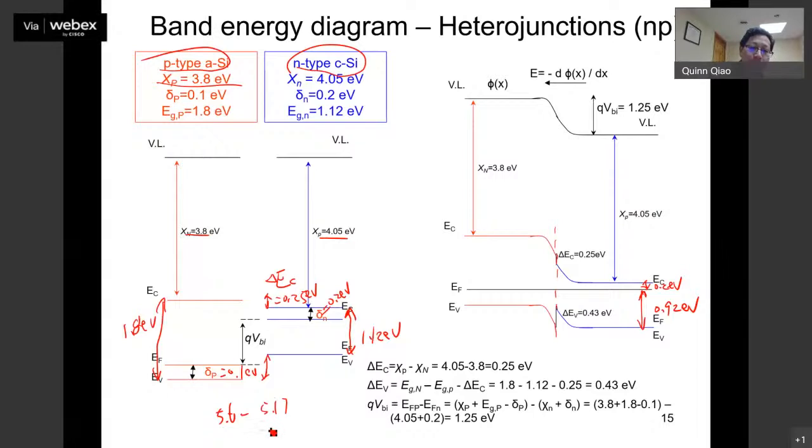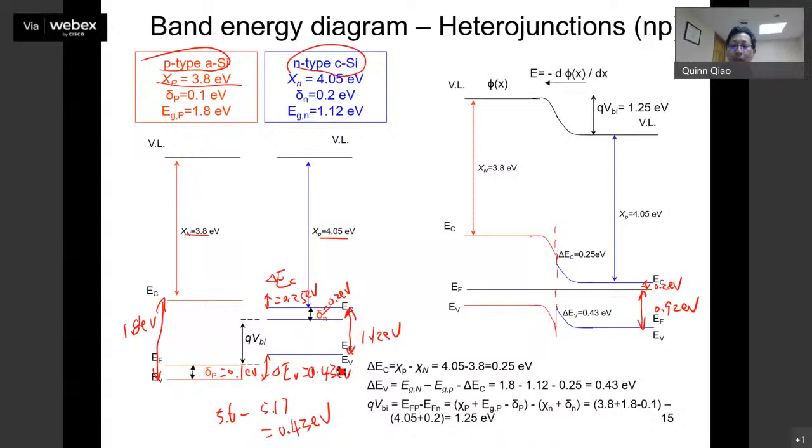That gives 0.43 eV, okay? That's delta EV equal to 0.43 eV, okay?